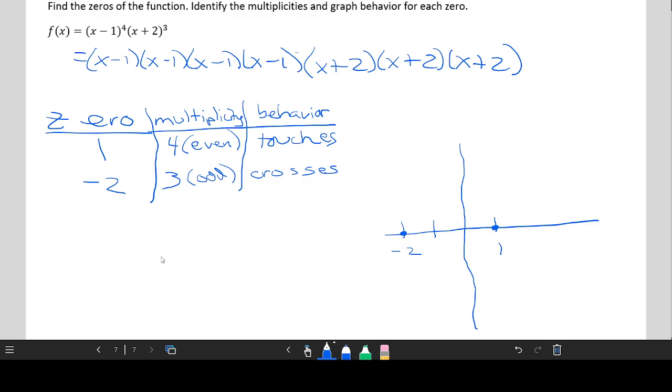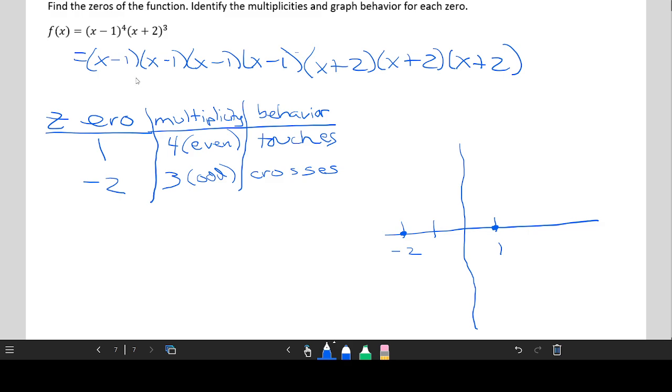And in the previous video we talked about the degree of the polynomial and what that tells us about the end behavior. Now this one has been factored, but you can still tell what the degree is. If you were to multiply this all out, which would take forever, so we're not going to do it, but if you multiply these first two factors, you get x squared plus some terms that had lower exponents, right?